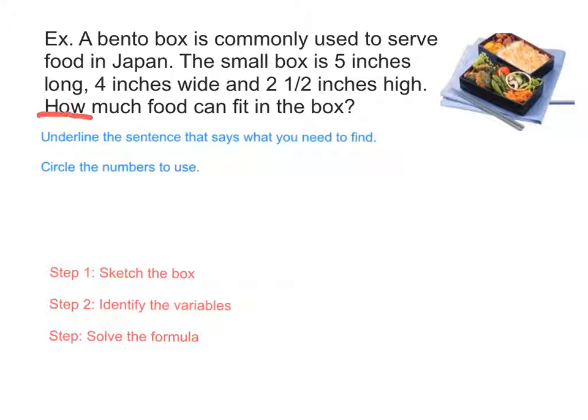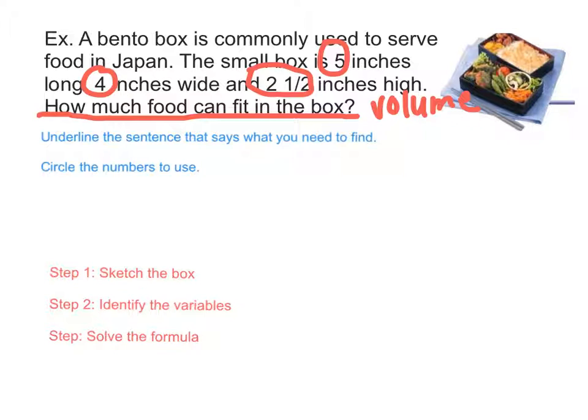Okay. This is what I decided I needed to find. I needed to find how much can fit in the box, which means I need to find the volume. The numbers I will use are 5 inches, 4 inches, and 2.5 inches. Okay? Now there's 3 steps to this process.